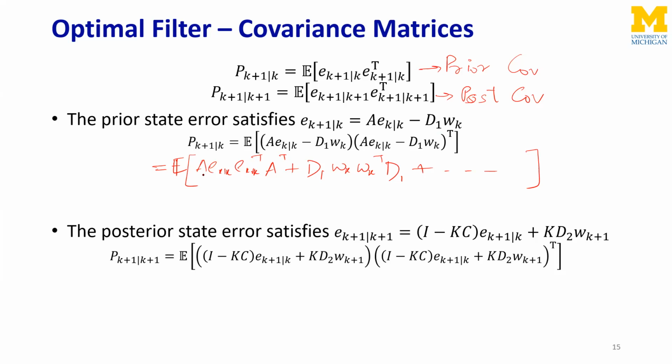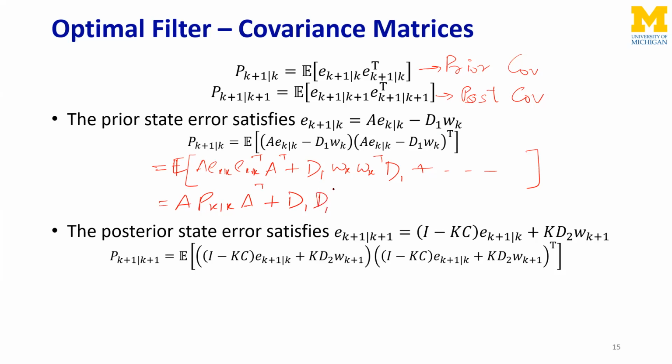Since the A's and the D's are constant, I can pull them out. And all I'm going to be left with is this term. And we assume that the variance of the process noise, this noise term W, is the identity. So if I take the expected value of this term, it's going to evaluate to identity.